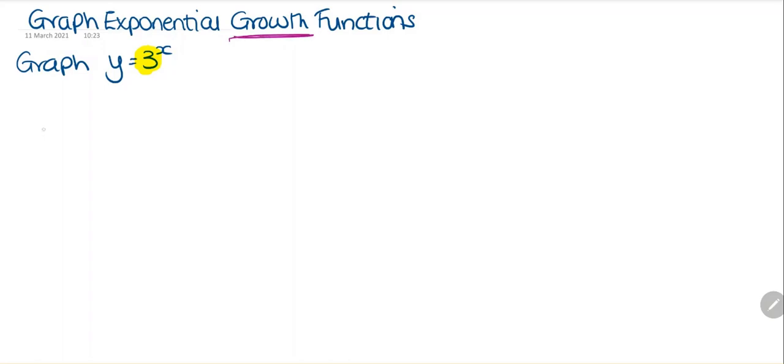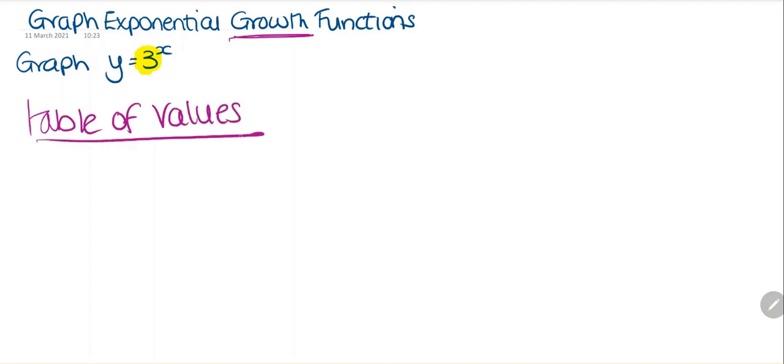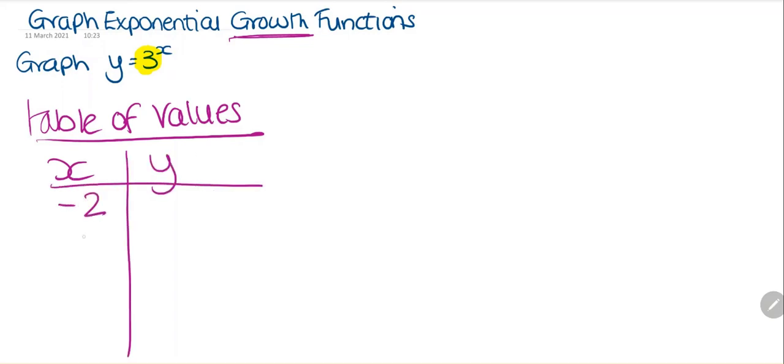So we need a table of values to be able to graph this. So we're going to look at creating a table two different ways. So first of all, we need the x and the y. So we're going to use the values -2, -1, 0, 1, and 2.